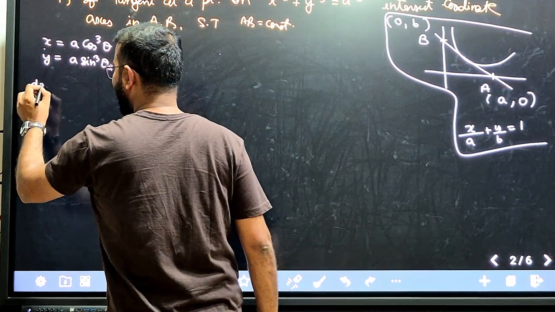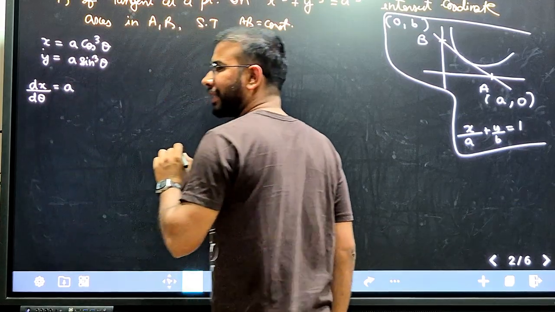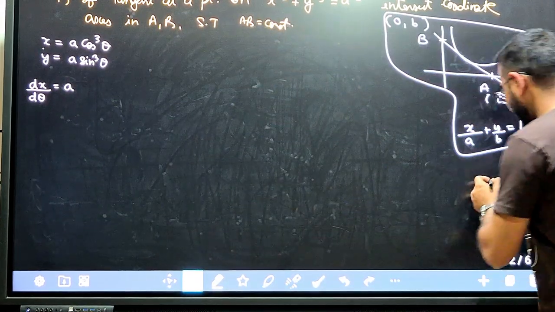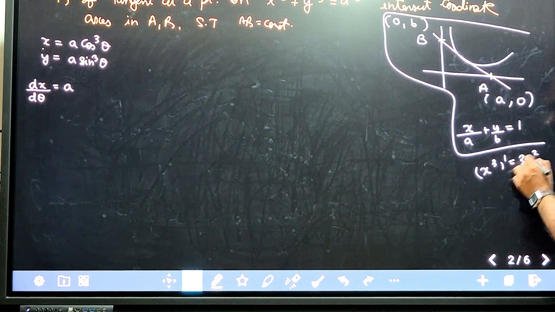Let's start with dx by d theta. We know the differentiation of x cube is 3x square.